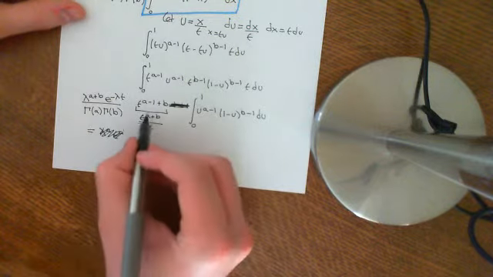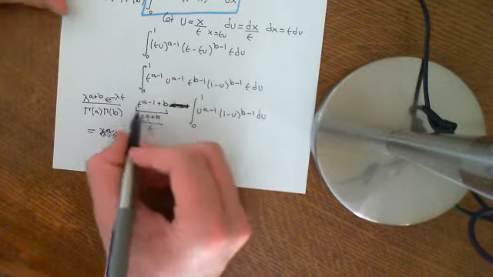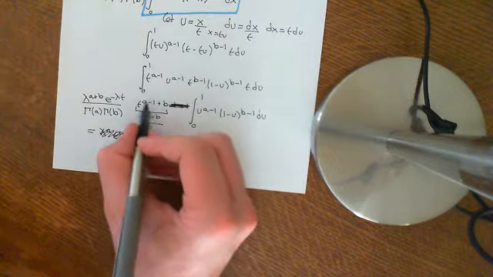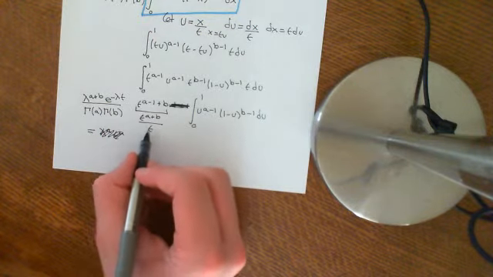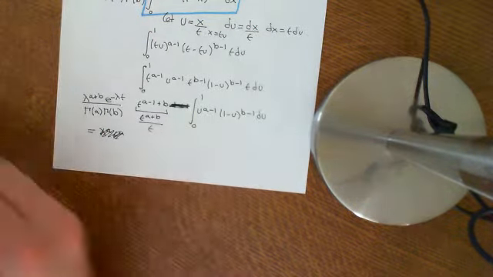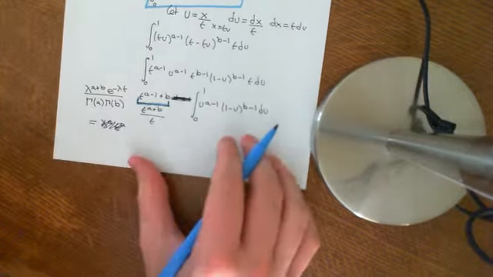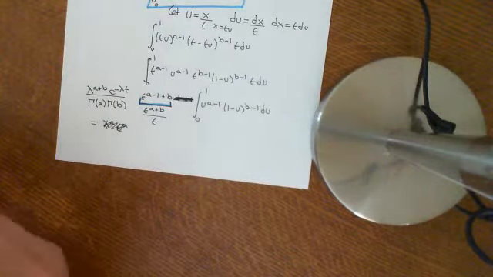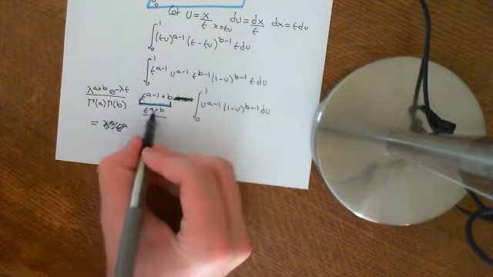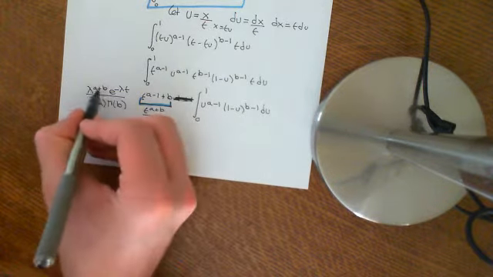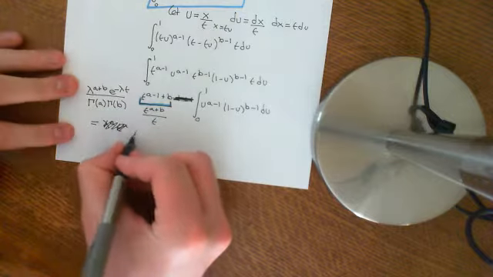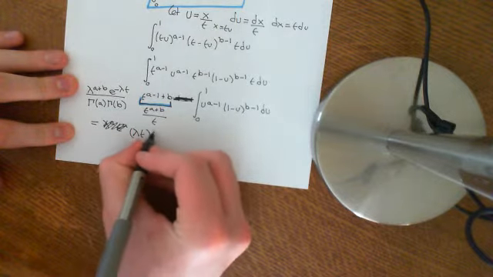And now, so basically that's exactly the same thing. All I've done is say, okay, I don't want that minus 1 there, so I'm going to just divide by t. So that whole thing there is just equal to t to the power of a plus b divided by t. Now what I'm going to do is combine this t to the power of a plus b with this lambda to the power of a plus b to get that this is lambda t to the power of a plus b.